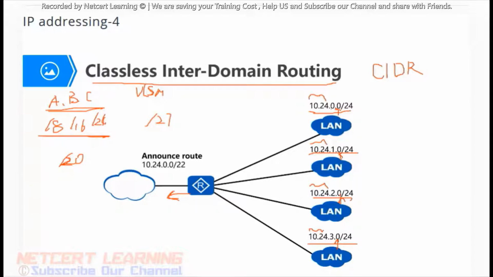But the third byte is different. 0 means 0, 0, 0, 0, and then 0, 0, 0, 0. And then 1 means 0, 0, 0, 0, and 0, 0, 0, 1.